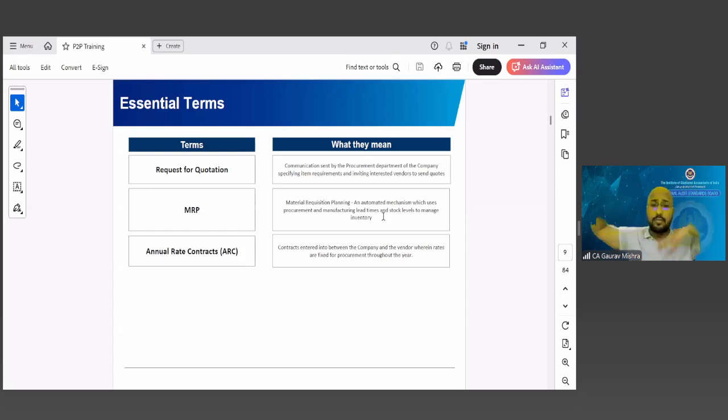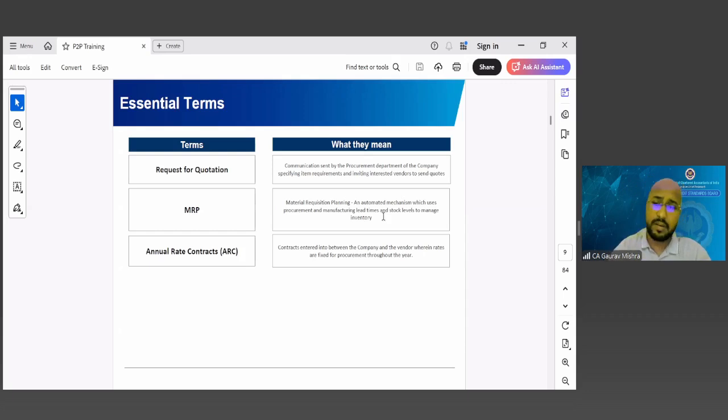Again, it all depends upon the configuration. Sometimes you will find the system will consider the existing stock available, will consider the open PO situation, and then will give the exact requirement. It means this scenario, which we discussed right now, is the ideal scenario where the system will give you the relevant data that this is the net quantity which we require.